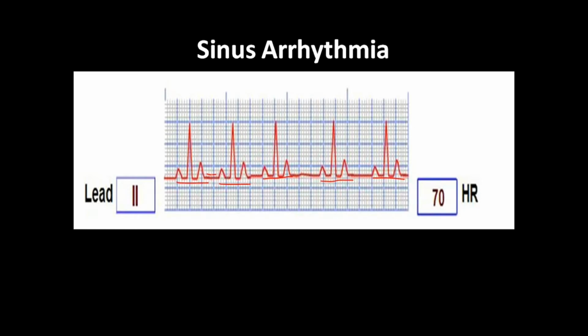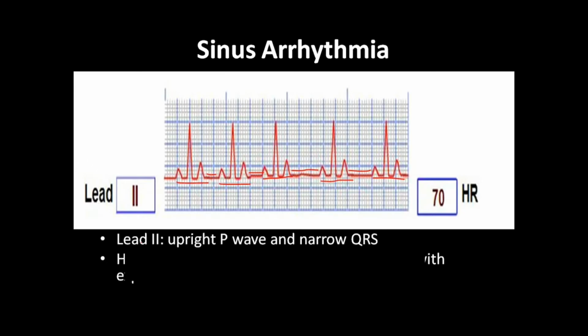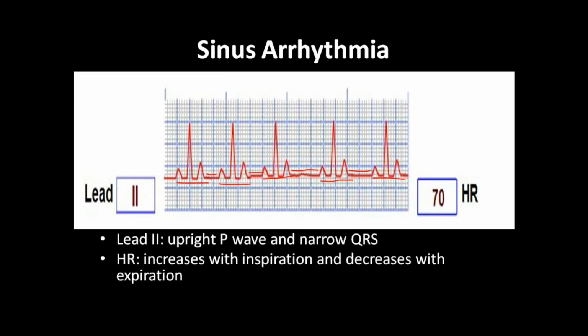If you look at the isoelectric line after the end of the T wave and the beginning of the P wave, here it is the same, but here it is a bit lengthier. That is the arrhythmia. In lead 2, an upright P wave and narrow QRS complex are seen, and the heart rate increases with inspiration and decreases with expiration.